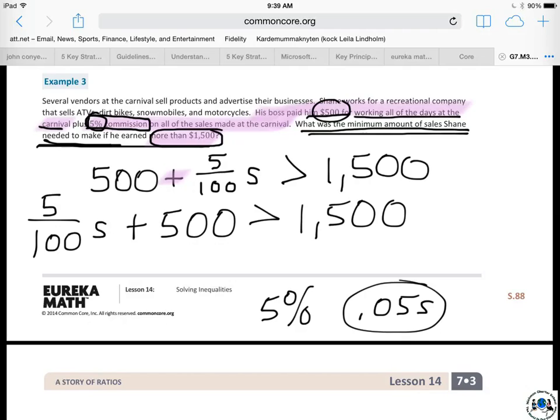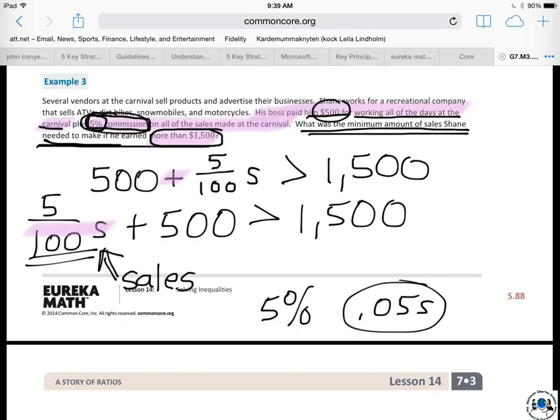But I just used the 5 over 100 because you know how we are very fraction happy when we solve our inequalities and equations. So here's where we stand. The 5 over 100 is the 5% commission, because the S here stands for sales.